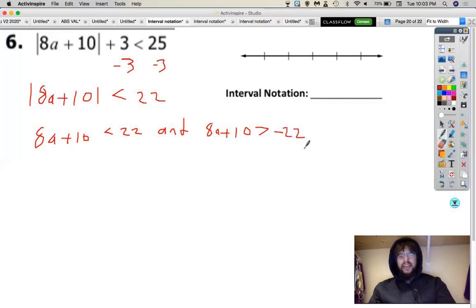I like making a sandwich out of it. It's just a lot more efficient to me. Instead of solving 2 problems, I just solve 1. So stick this into a sandwich. Negative 22 less than 8a plus 10 less than 22.